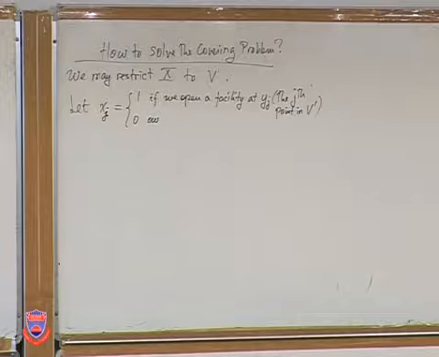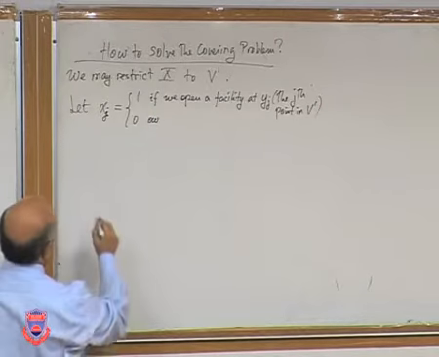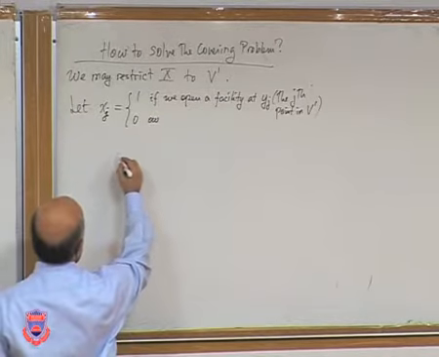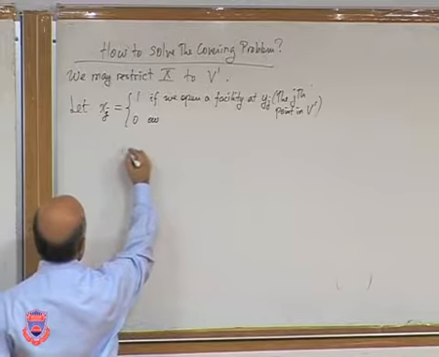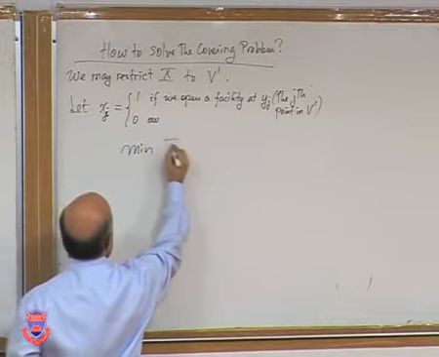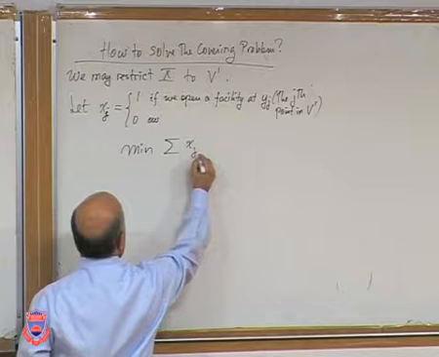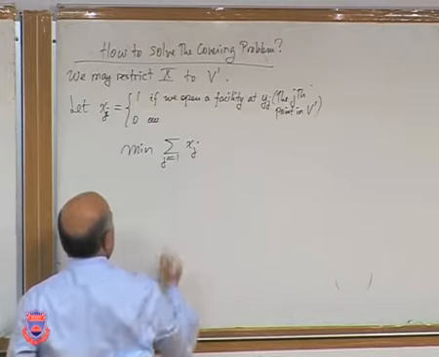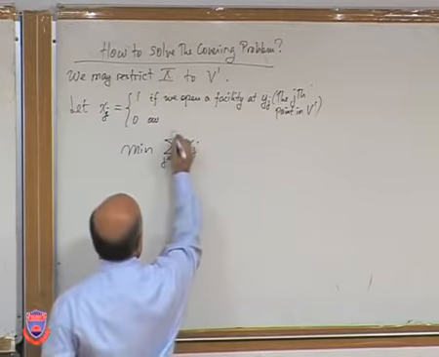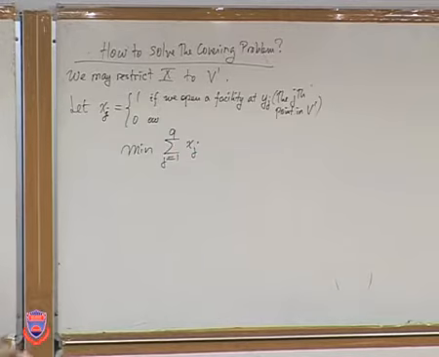Okay? So all I want to do is minimize the number of facilities I open. This will go from j equals 1 up to q, where q is the number of elements in v prime.